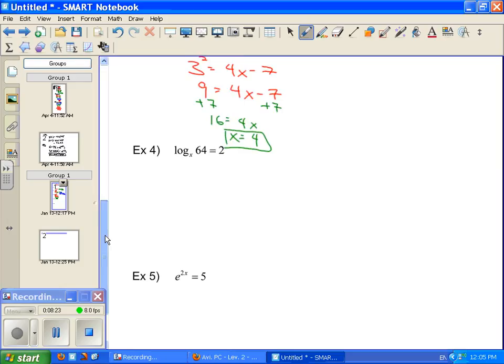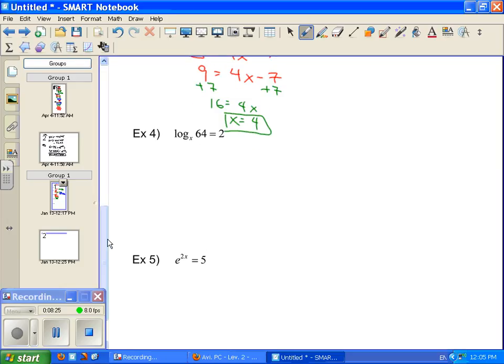Okay, what about when the base for my logarithm is a variable? X squared equals 64. Mm-hmm. Now what? X equals 8. Square root both sides, so x is going to be 8.